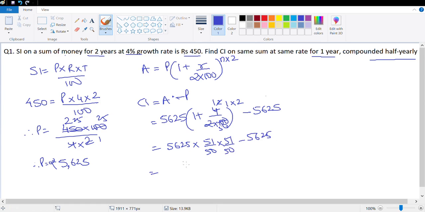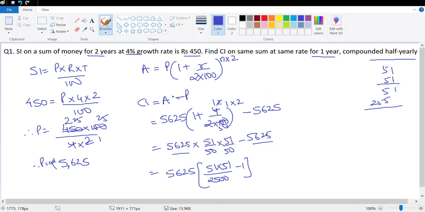5,625. Let's take 5,625 common. What I am left with is 5,625 times 51 into 51 upon 50 into 50, 2,500, minus 1. We'll need to calculate 51 into 51. That's 2601.